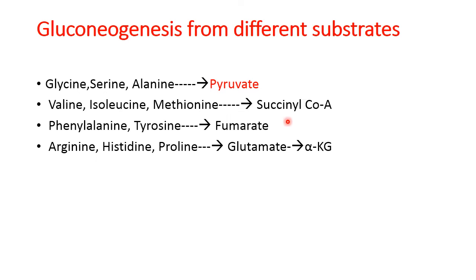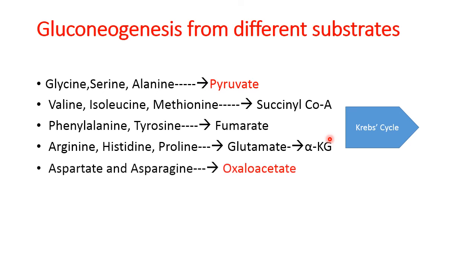All these products of the amino acids are linked to the metabolic hub of the Krebs cycle, and they can get converted to oxaloacetate, and from oxaloacetate glucose can be synthesized. Aspartate and asparagine can directly get converted to oxaloacetate, and from that we can synthesize glucose. So this is how gluconeogenesis can occur from amino acids.